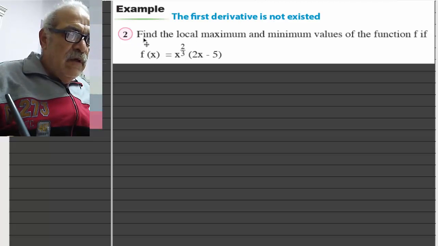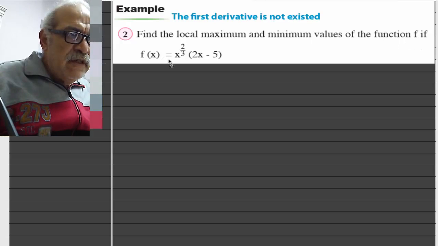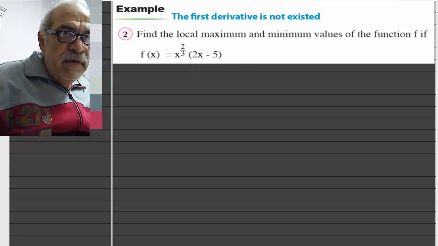Example 2, find the local maximum and minimum values of the function f of x equals x power 2 over 3 multiply 2x minus 5.